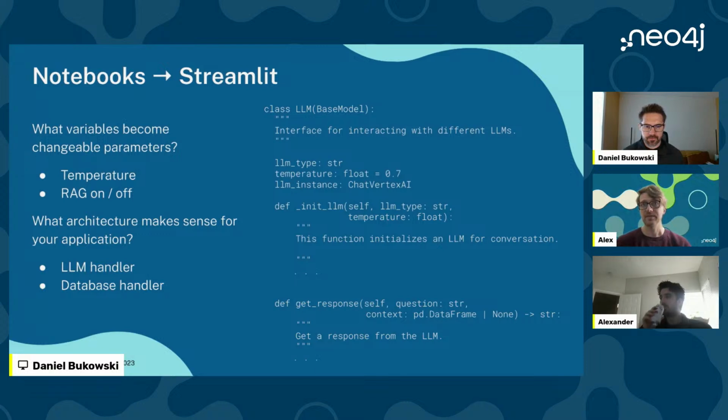What we did is we chose a couple of these and put them in the sidebar so that users engaging with our application could choose different parameters, and then at the end of the day provide feedback on the responses they were receiving. This really helps, because other people are doing the work of fine tuning for you. All you have to do is look at the results of what temperature works the best, or what LLM is providing the best responses. And it really helps get you into that production state a lot faster.